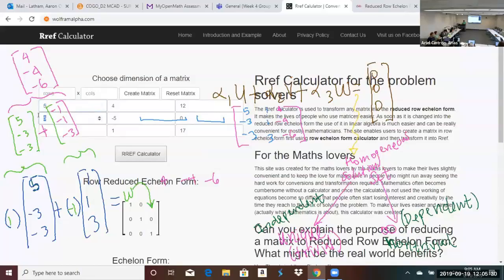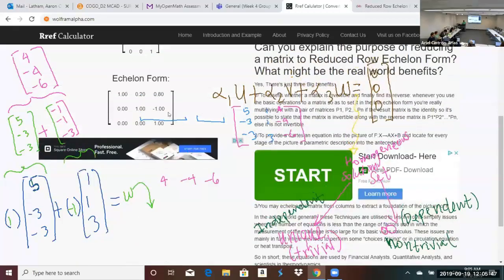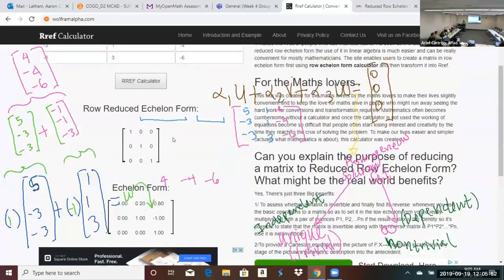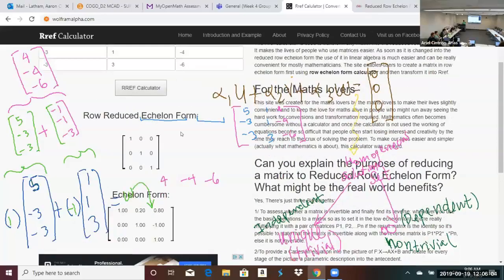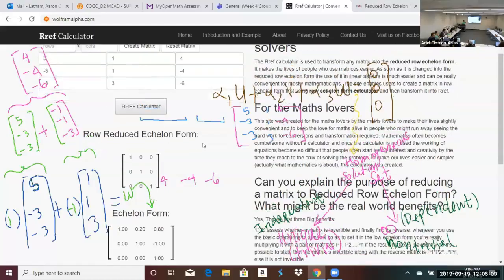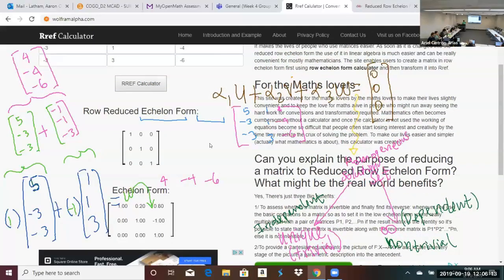So this RREF would be telling you whether they are dependent or independent.